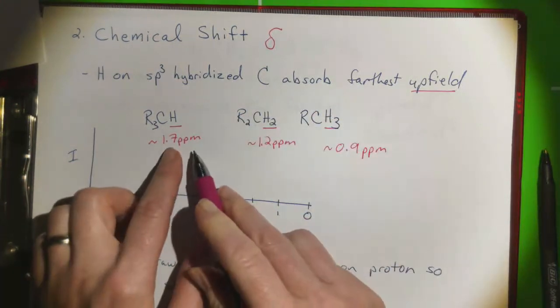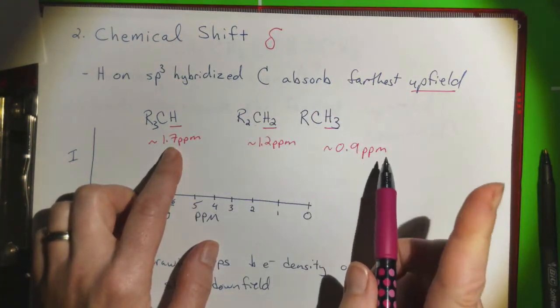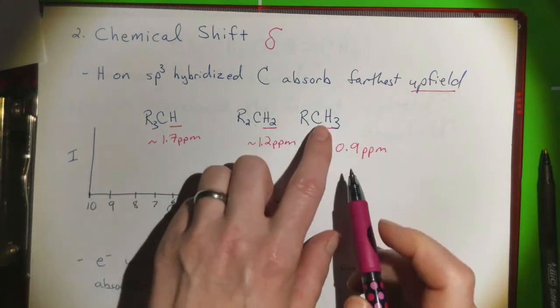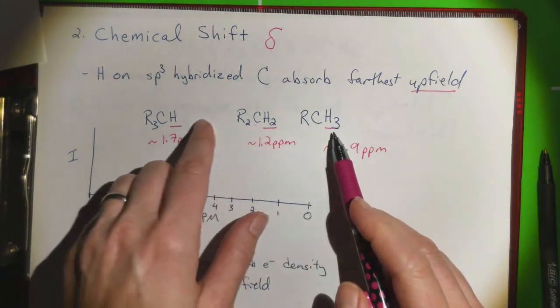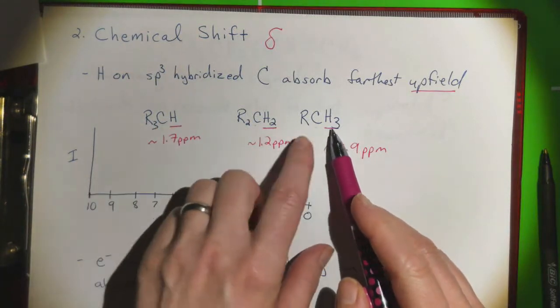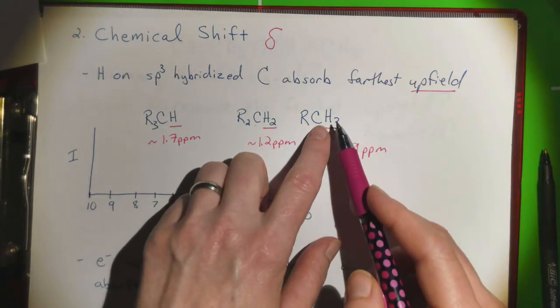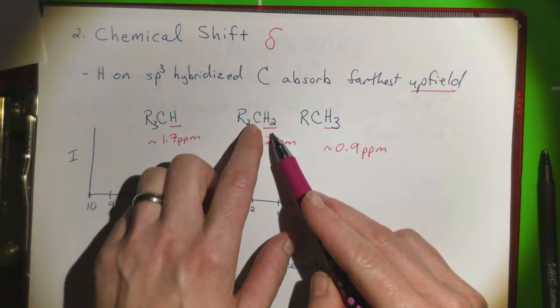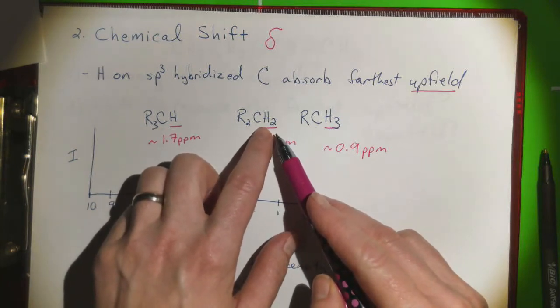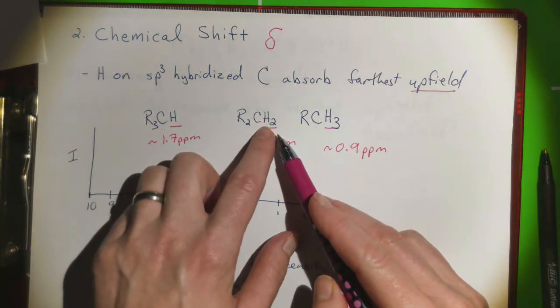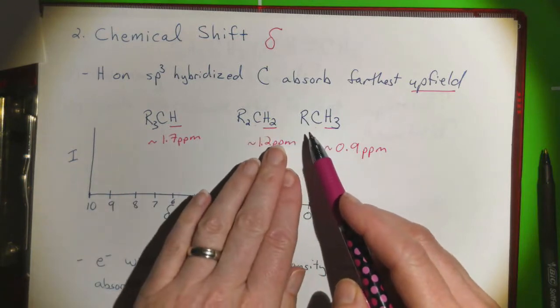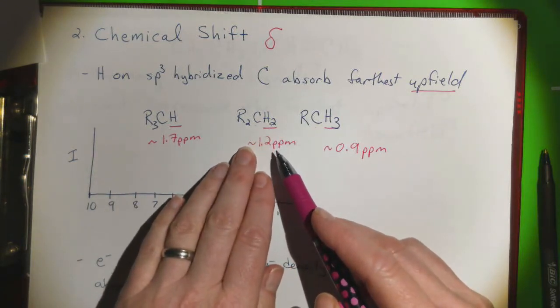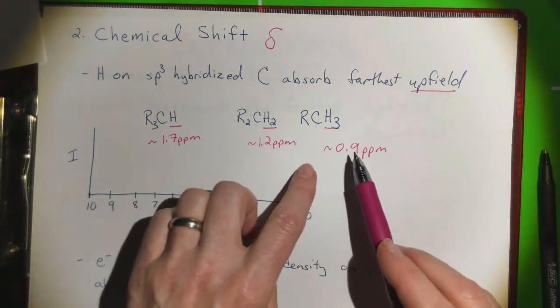Is it important for you to memorize these numbers? No. It is just important for you to learn this general trend here. So as we replace on an alkane a hydrogen with an alkyl group, the remaining protons attached to the carbon, their signal tends to be shifted a little bit downfield. Okay? So don't memorize these numbers.